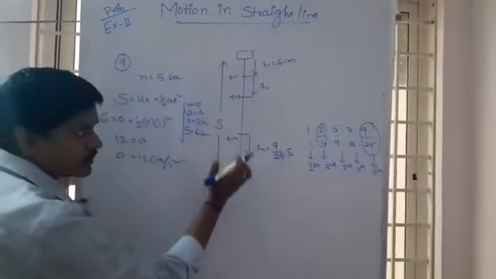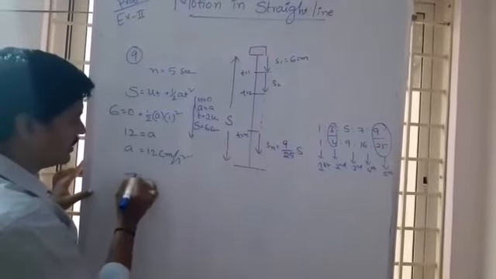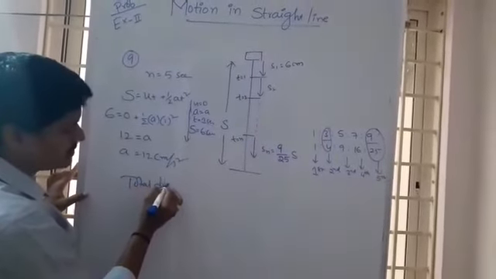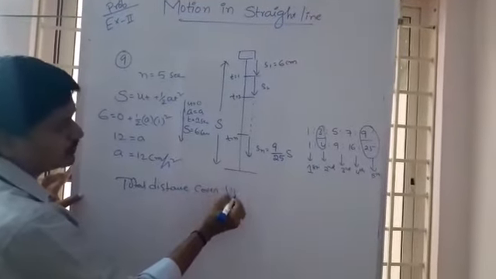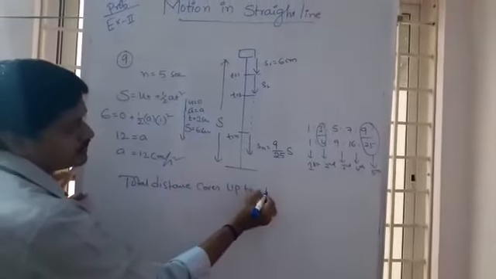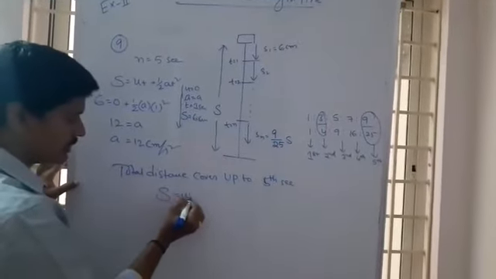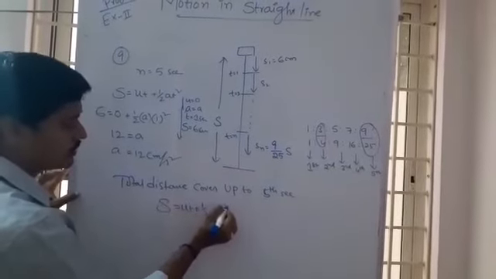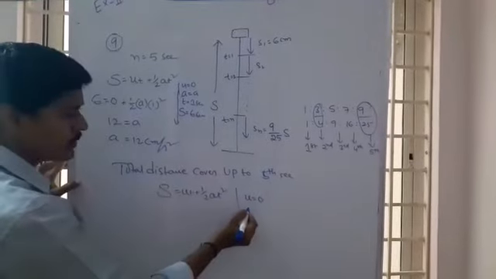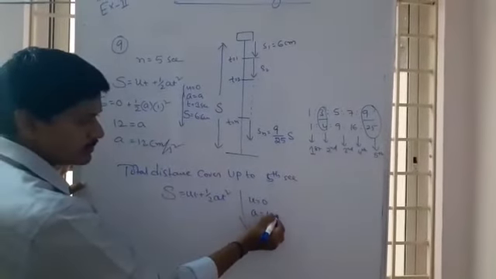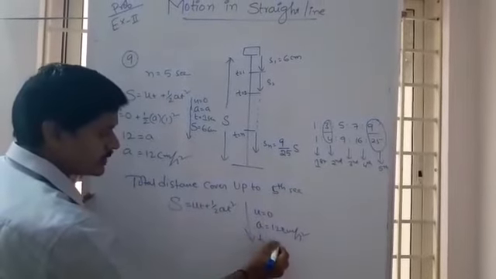Now what is the total distance covered up to this fifth second? We can measure. Therefore s is equal to ut plus half at square. u is equal to 0, free falling body. a is equal to 12 centimeter per second square, coming down with acceleration. t value 5 seconds.